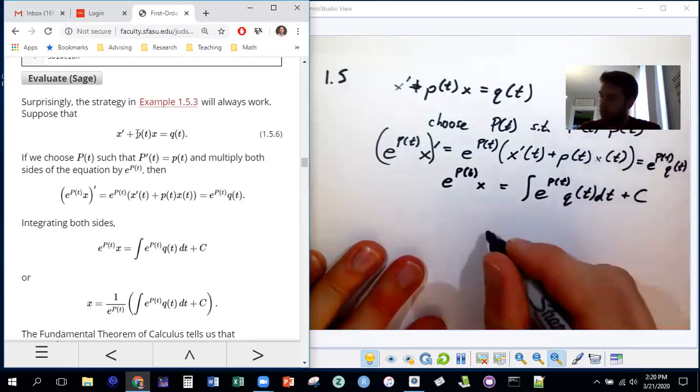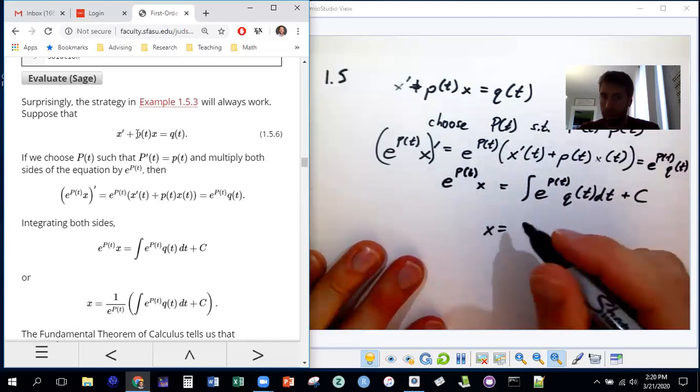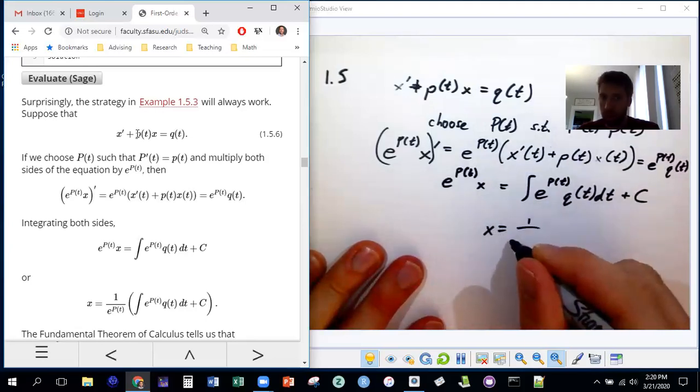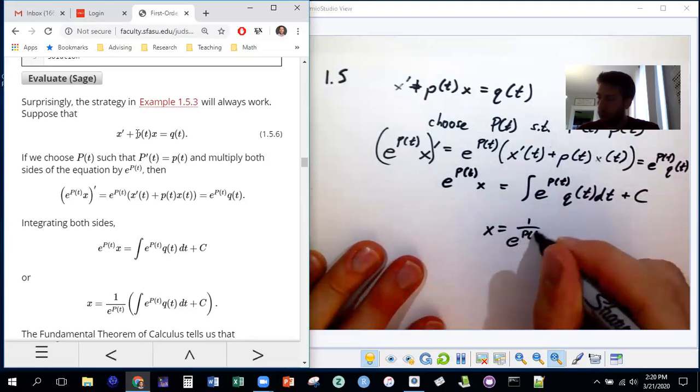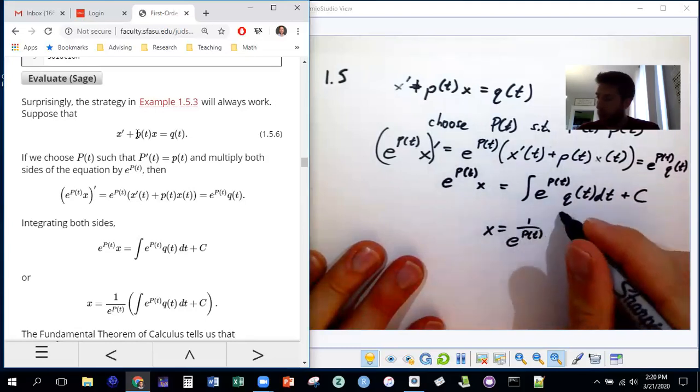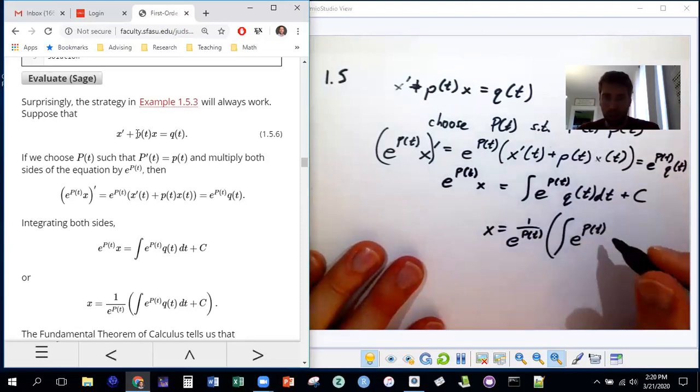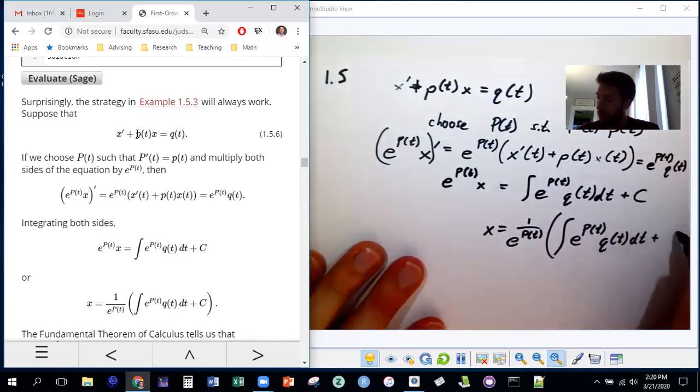So then x equals 1 over e to the P of t times the integral of e to the capital P of t times q of t dt plus c.